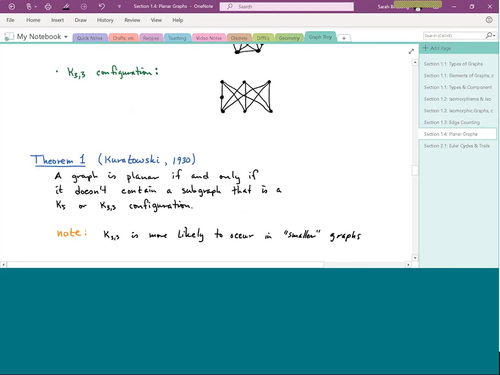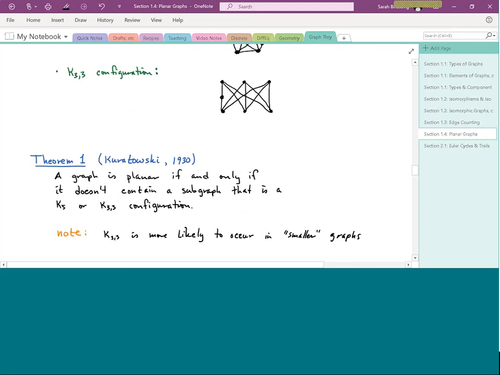And, a comment. Even though K5 and K33 do have a tendency to, roughly speaking, be the same size, they're one different in number of vertices, one different in number of edges. K33 has 6 vertices, 9 edges. K5 is 5 vertices and 10 edges.